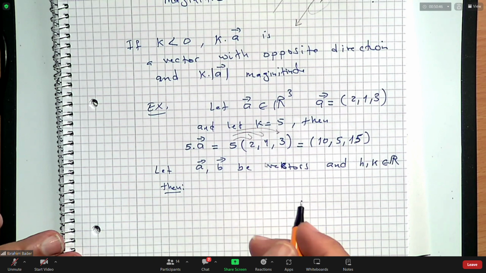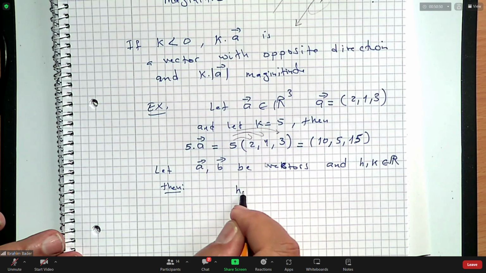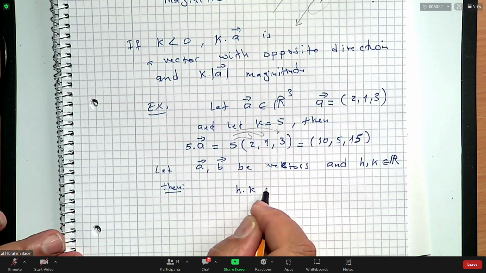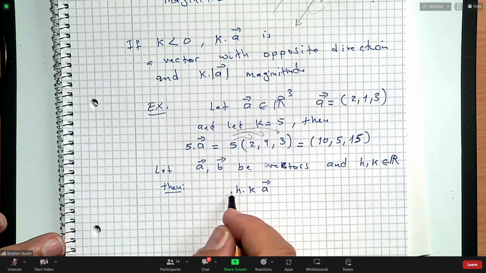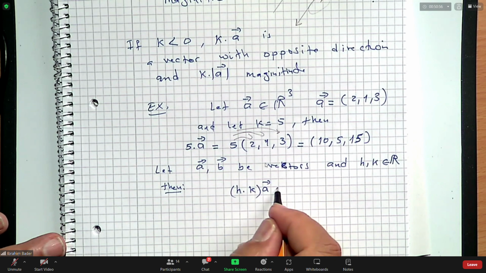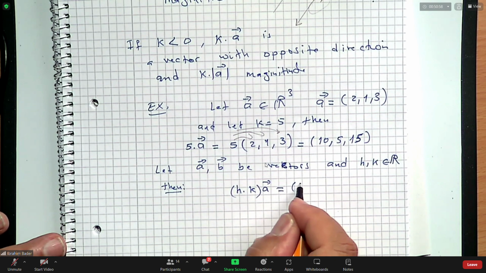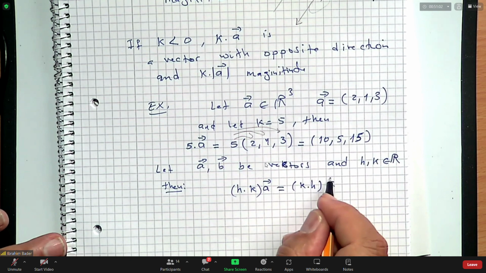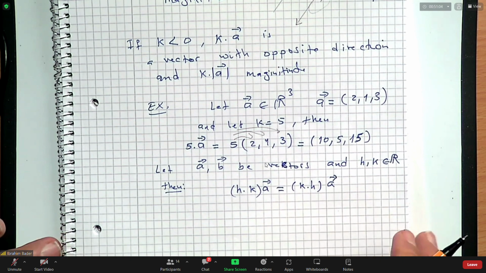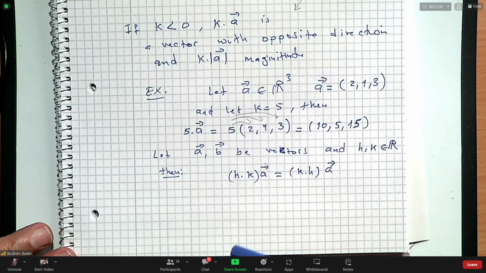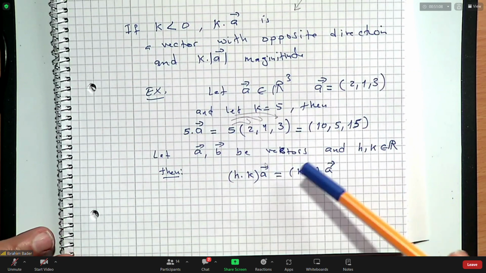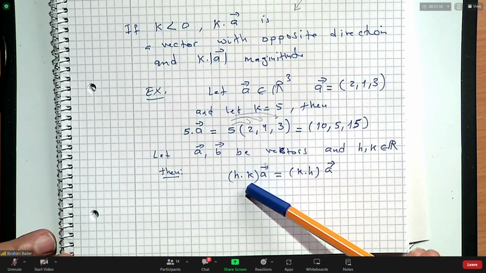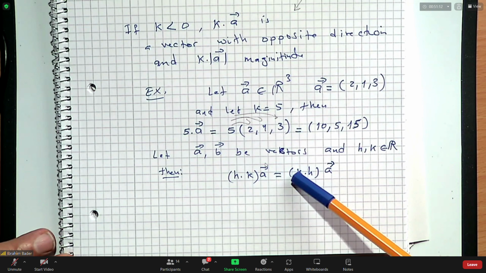The first rule here is that if I multiply H, K with A, this is equal to, since bear in mind that H and K are numbers, okay? And we saw that they're real numbers as we assumed here. So the multiplication of real numbers is commutative.